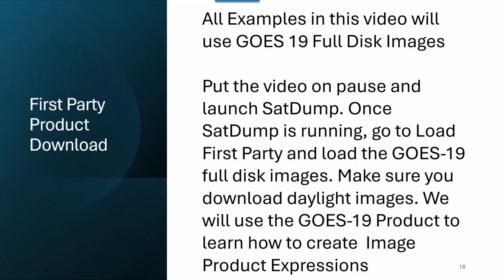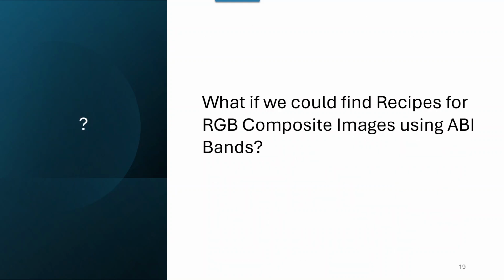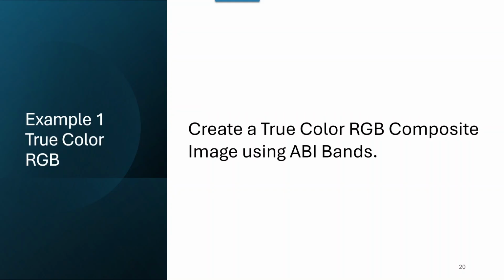We will use the GOES 19 product to learn how to create image product expressions. And so the question is, what if we could find recipes for RGB composite images using ABI bands? Let's begin with example number 1.